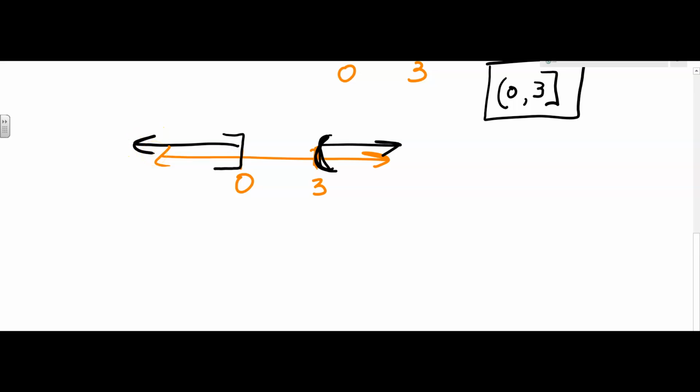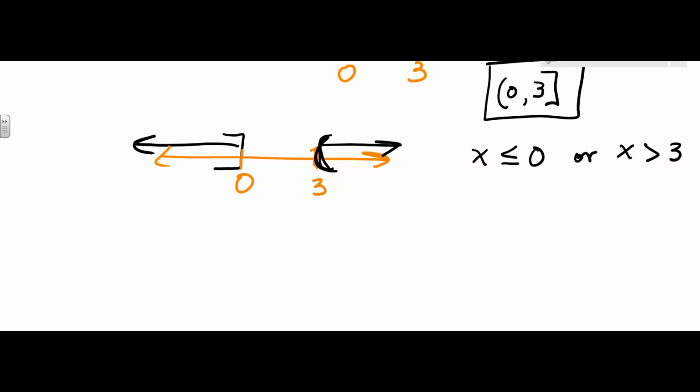You read this interval just like you do from the graph. What about the inequality notation? You would say something like x is less than or equal to 0, or x is greater than 3. That's how you would write it with inequality notation.